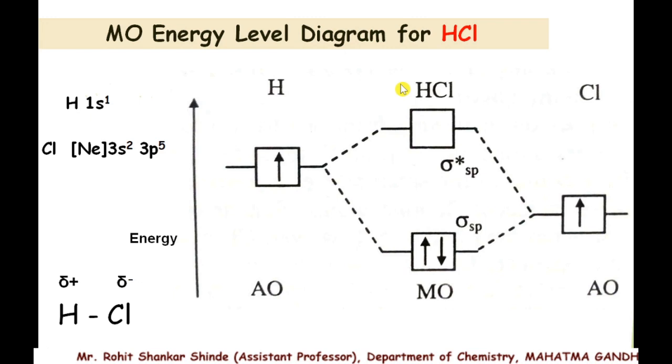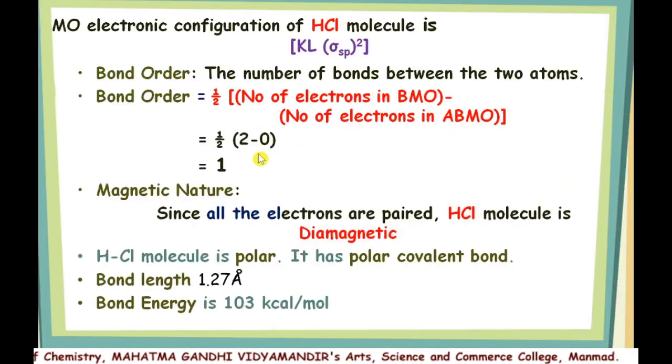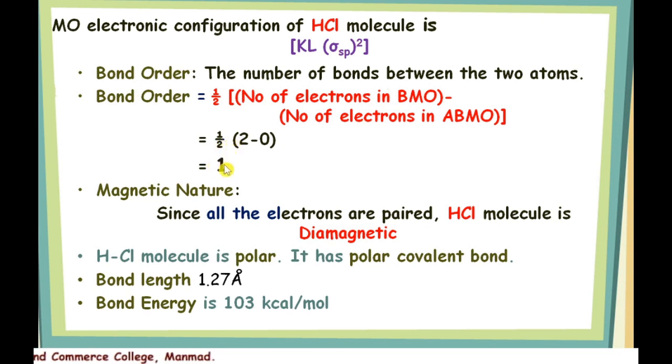Two electrons are there in BMO, while antibonding molecular orbital is empty. So 1/2 in bracket 2 minus 0. So 1/2 multiplied by 2, it becomes 1. Bond order 1 indicates that there is presence of single bond, only one bond between the HCl molecule.